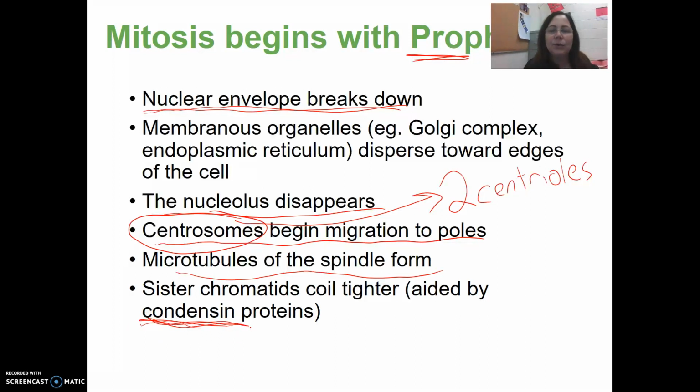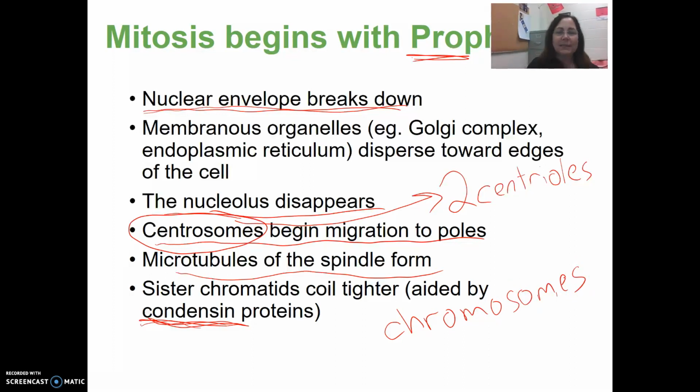So condensin proteins aid or help in this process of condensing, like the name suggests. But you do need to understand that DNA was in the form called chromatin in interphase.